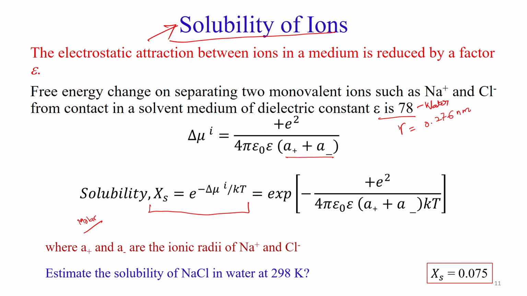It is very close to the experimental value of Xs, which is 0.11. So, the predicted value is very close to the experimental value. We can say this intermolecular interaction between these two molecules can be directly related to the solubility.